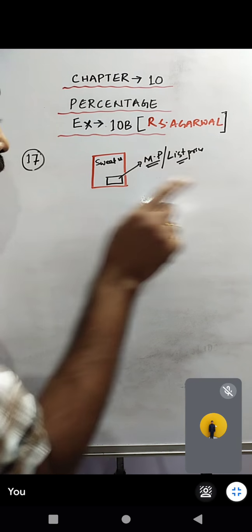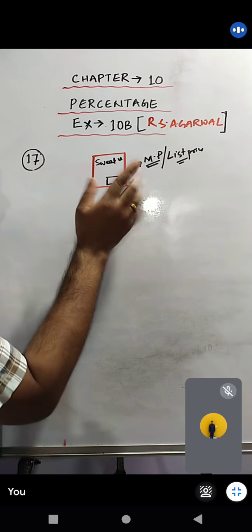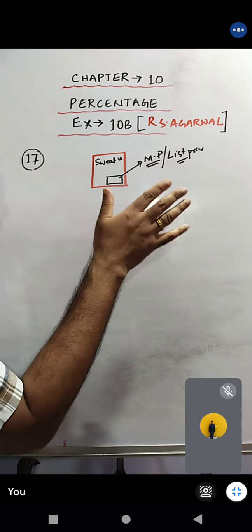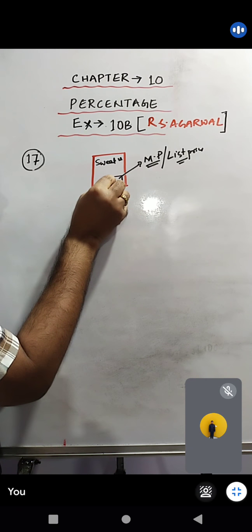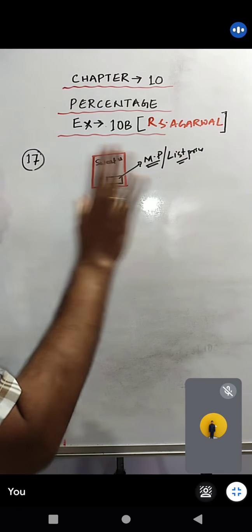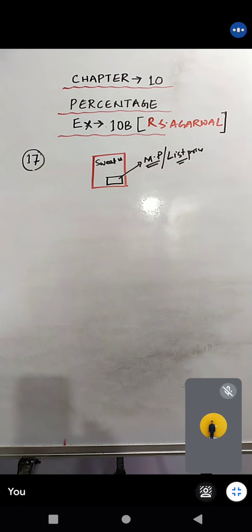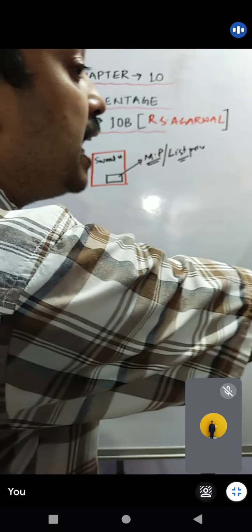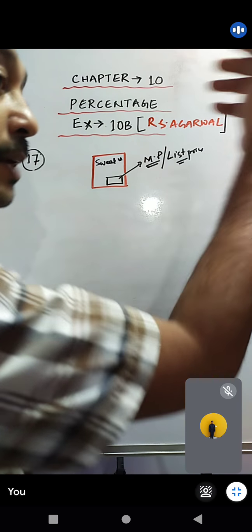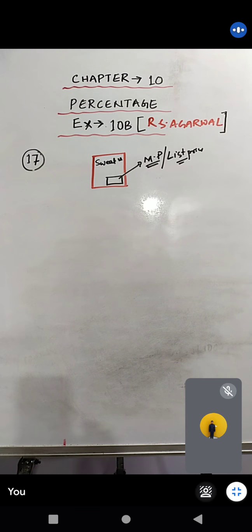Suppose now according to the question, this list price is not known. What is the price written here, we have to find it out. We are not knowing this. Now let me read out the question. The price of the sweater is increased by 8%. 8% बढ़ा दिया गया, meaning 8% has been increased, and after increasing, if its increased price is 1566, find the original price.